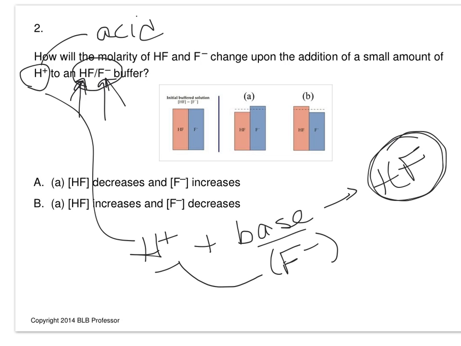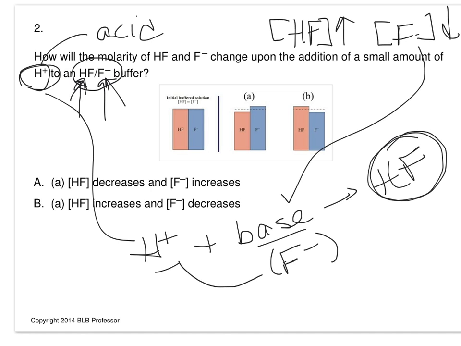So the bottom line is that the concentration of hydrofluoric acid is going to go up when we add H plus, and the concentration of the fluoride ion will go down because it's been used to chew up the acid. So the correct answer here, looks like I didn't put a correct answer because neither one of them is darkened. But the correct answer is supposed to be this one.